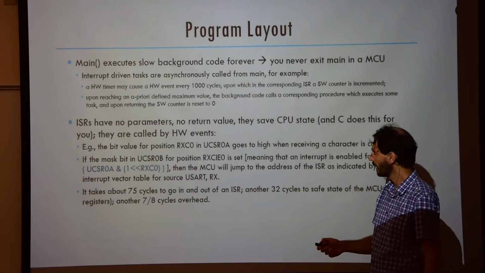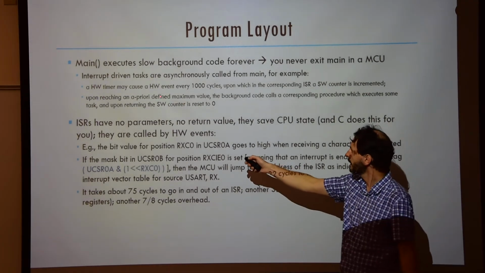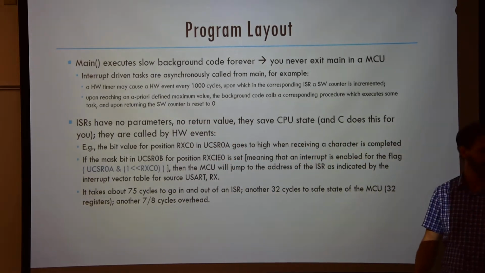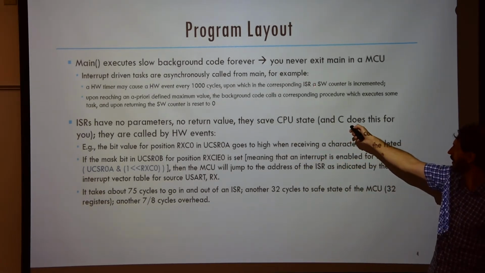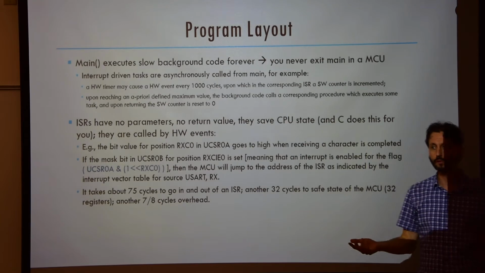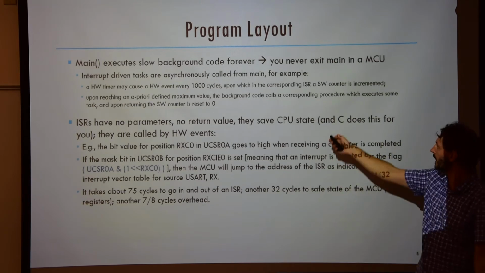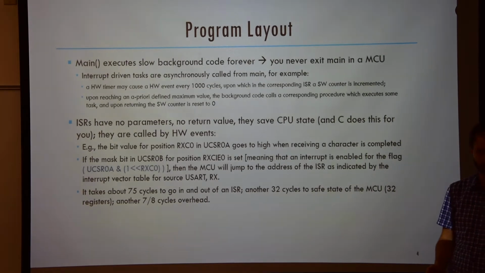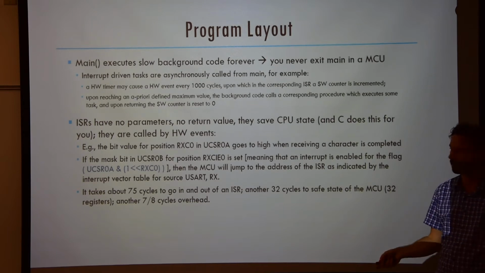I can program my hardware timer, we'll get to that at a later point, so that a hardware event is caused every 1,000 cycles, every 1,000 times the count is incremented. When that happens, a corresponding ISR can be called. Suppose these 1,000 cycles match 1 millisecond. In that ISR you can have a global variable that is incremented by 1, and that way you can create your own software counter. We'll get to that in much more detail later on.